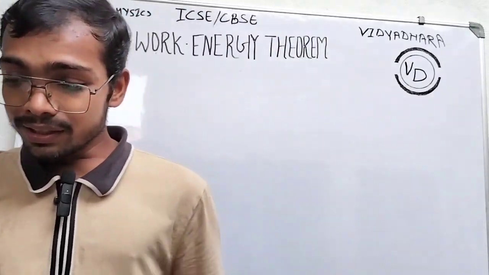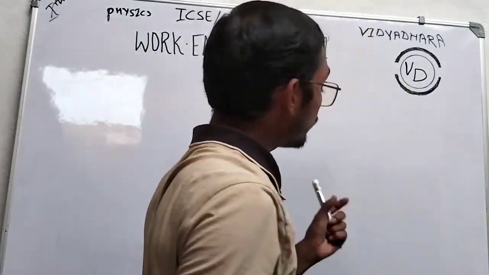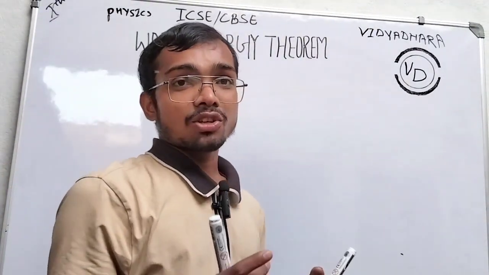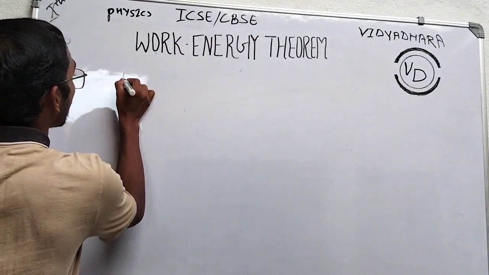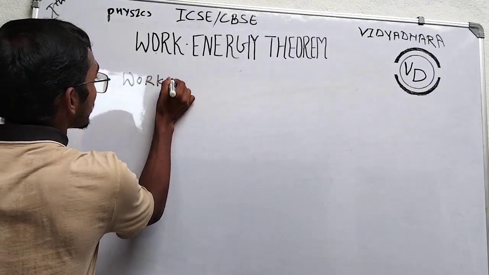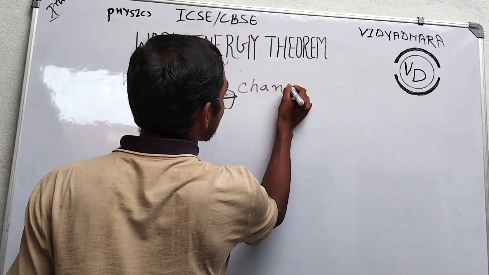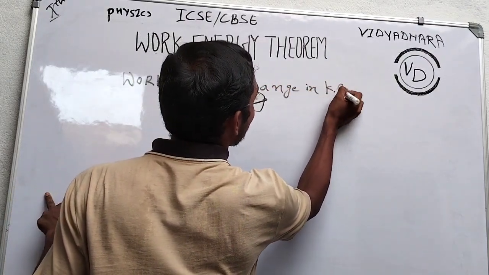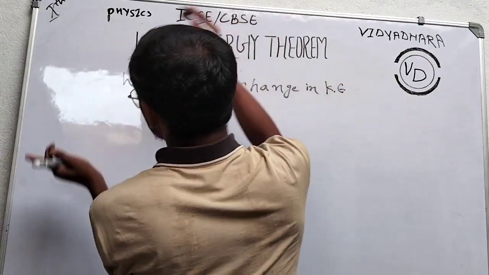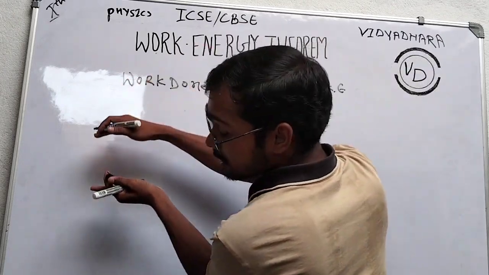Okay, now I am going to prove the work energy theorem. We know the formula of work done. What is the change in kinetic energy? This shifts to the right side.